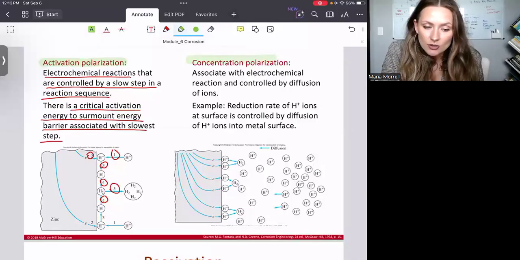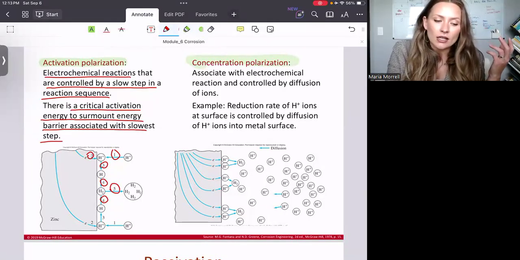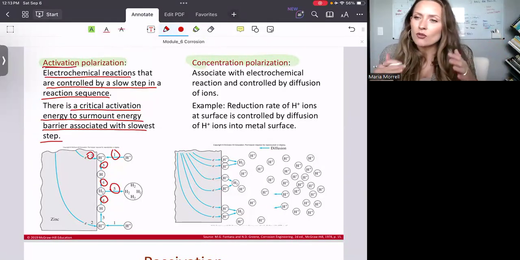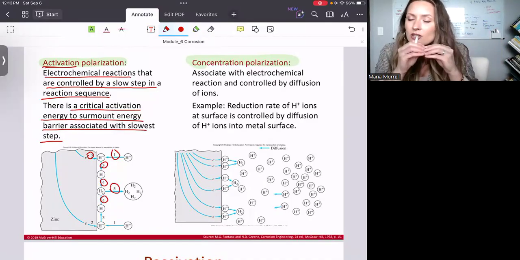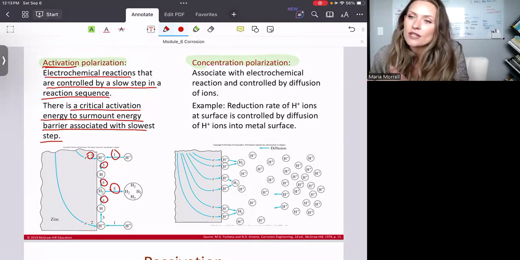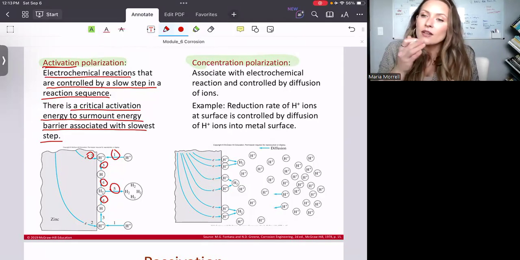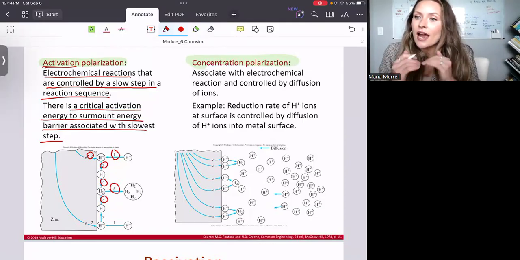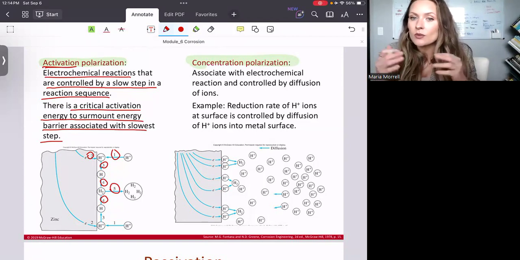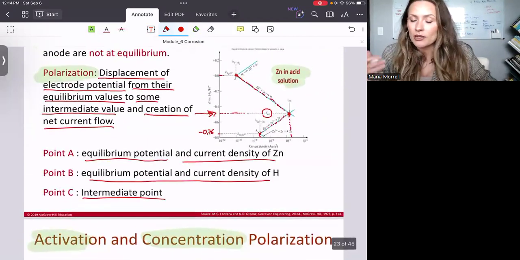Now, concentration polarization, and once again, I'll emphasize it, it comes from the name. You don't really have to memorize it. Activation polarization is linked to a step in the sequence of the series, right? And that means there is a certain energy associated with the activation process, right? Because we just looked at what polarization is.